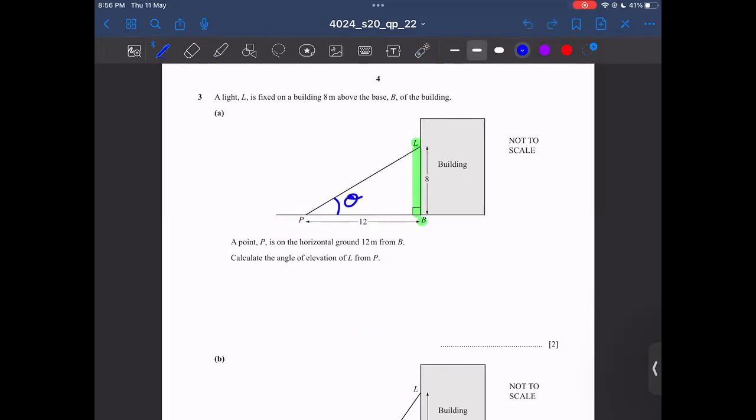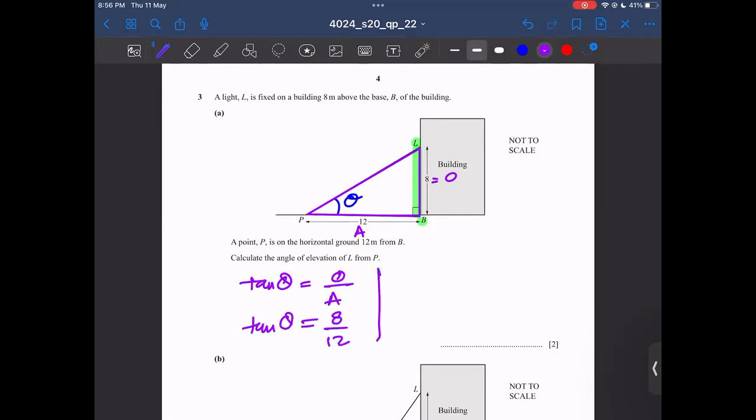Since it is making a right angle triangle here, I'm going to apply the trigonometric ratios to find the angle of elevation. 8 is going to be the opposite and 12 is going to be adjacent. So tan theta is equal to opposite over adjacent. I'm going to write tan theta equals 8 over 12.